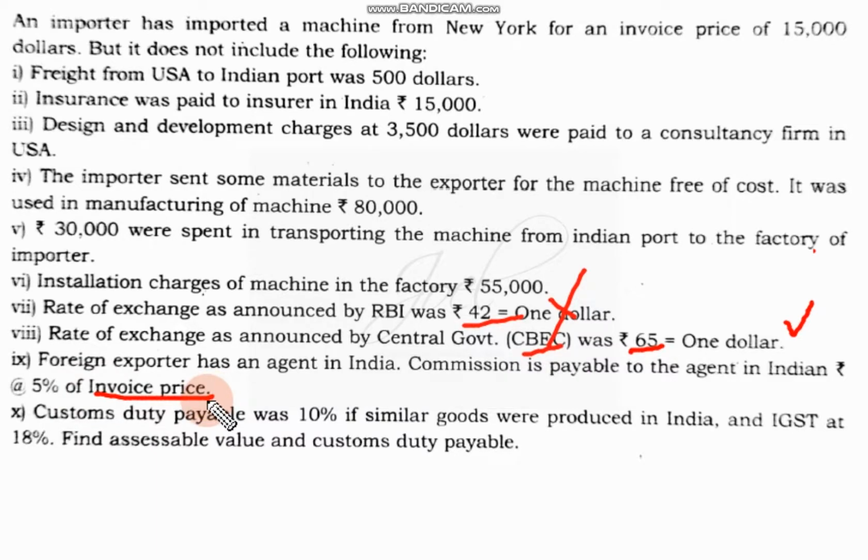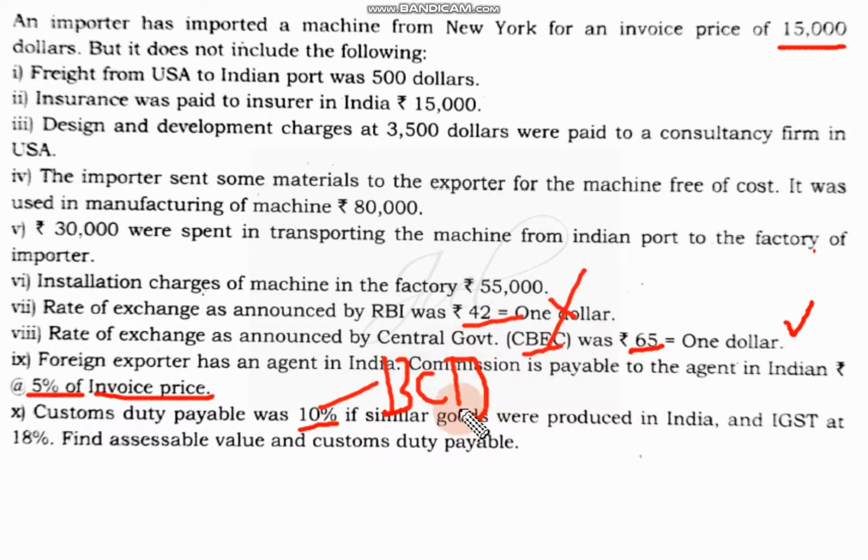Invoice price means the cost price, this value, because these items are not included. So on 15,000 we calculate the commission at 5%. Customs duty payable is 10% on similar goods, so this is our BCD, basic customs duty.